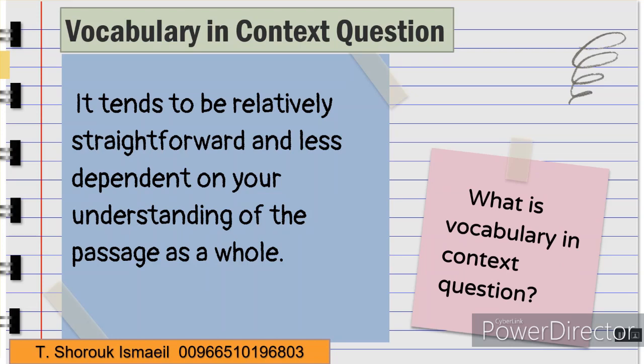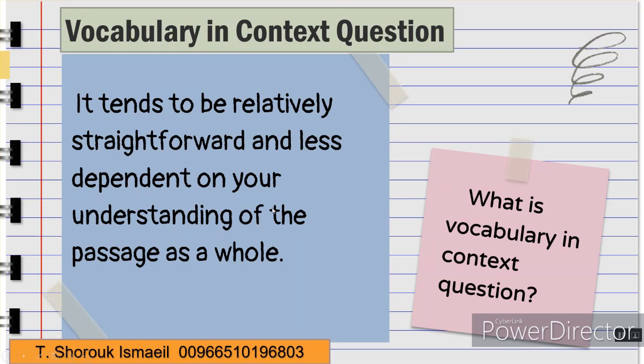You have a word in a context, and maybe you have a line reference, so you even know where the word lies, and you have to go to this word and figure out its meaning according to the context. That's why we say it's a straightforward question.